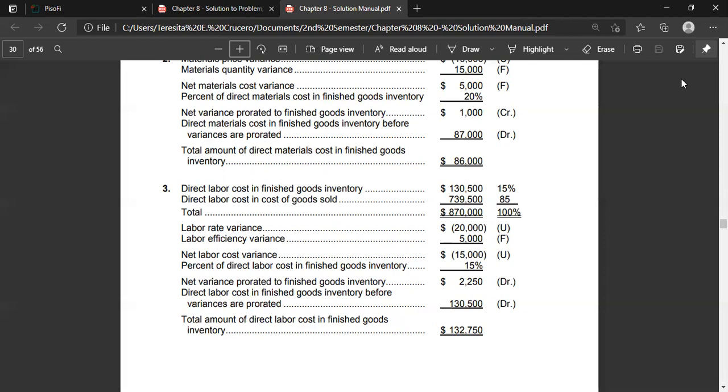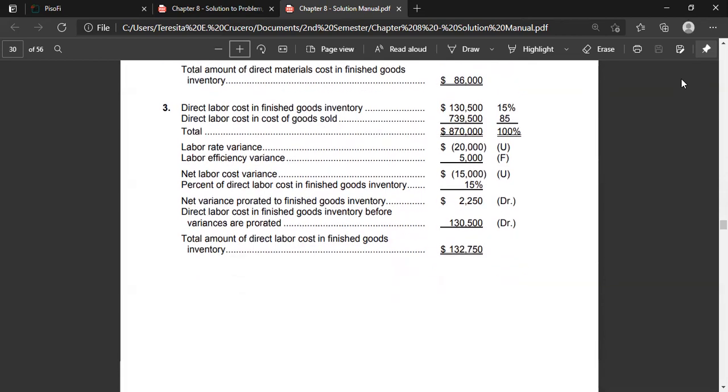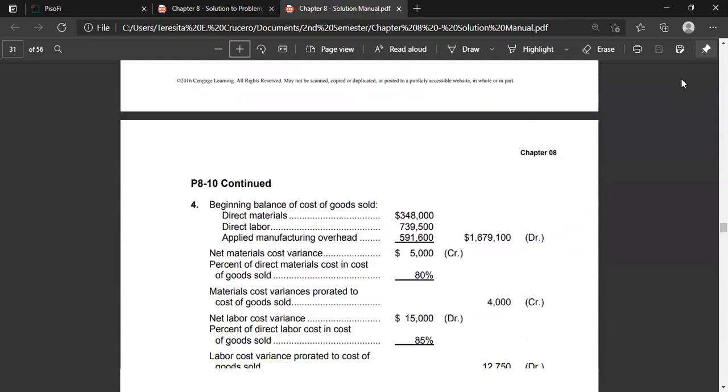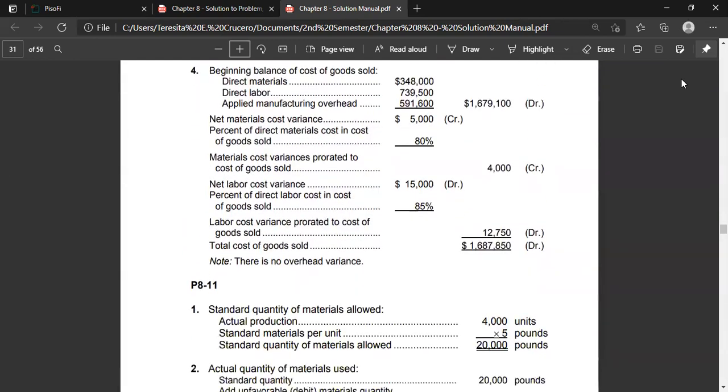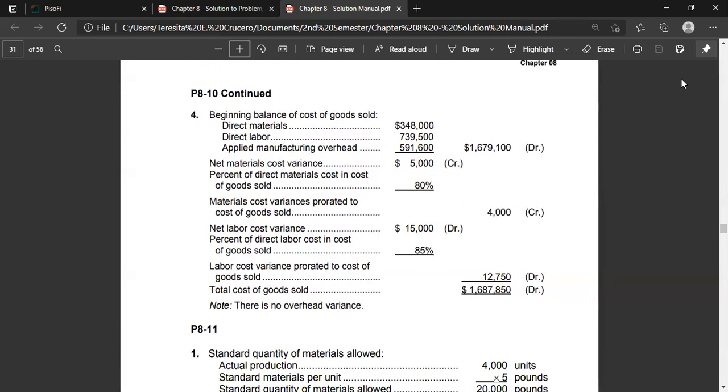Okay, that's for requirement number 3 of 8-10. Now for requirement number 4, we are asked to determine the total cost of goods sold at year ended December 31 after all variances have been prorated.